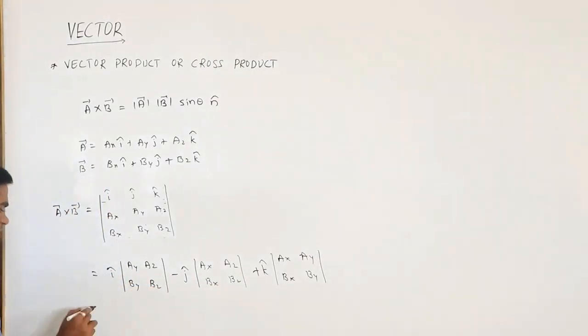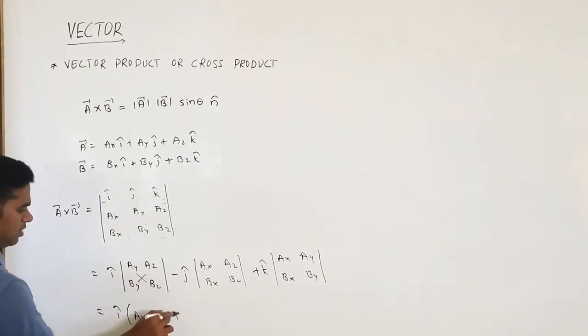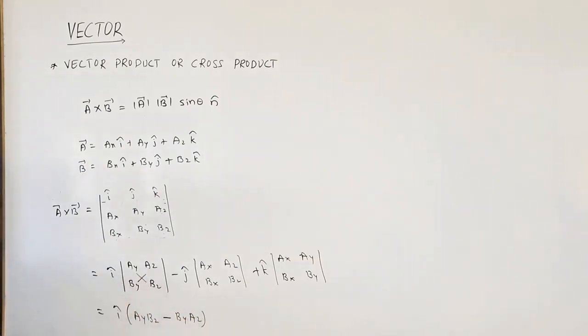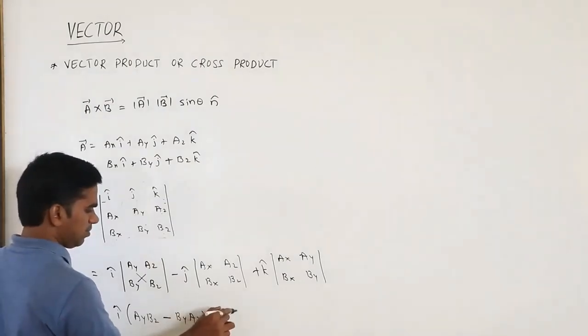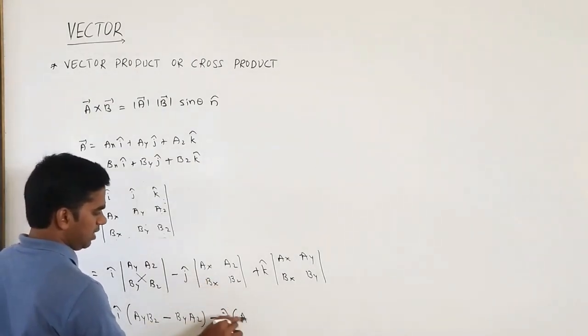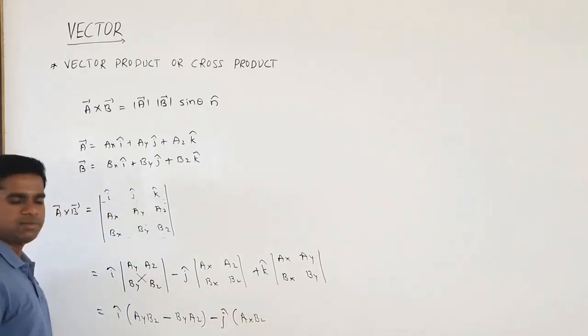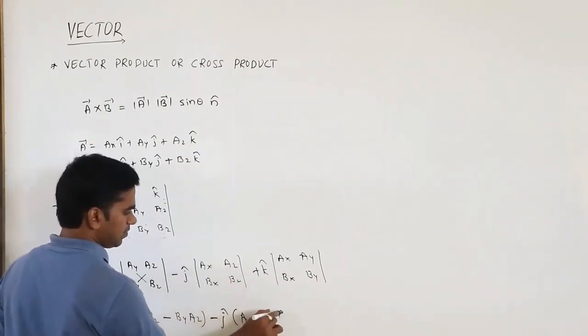Then how can we solve? Just i cap into, multiply these two, ay, bz, then take negative sign, multiply these two, by, az, or az, by, whatever, no need to worry about that. Minus of j cap, multiply these two, ax, bz, then minus of bx, az.